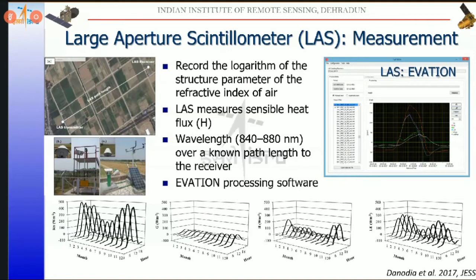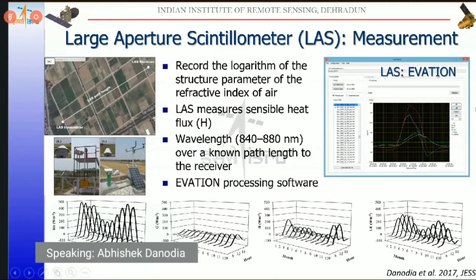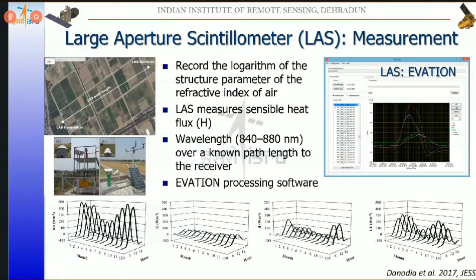The path length of a large aperture scintillometer varies from 250 meters to 6,000 meters. But at IARI we installed a path length of 990 meters, and the instrument measures the sensible heat flux based on the principle of Monin-Obukhov similarity theory, or you can say it specifically measures the structure parameter of the refractive index. So this is a physics-based derivation.